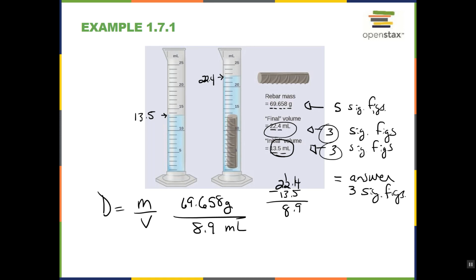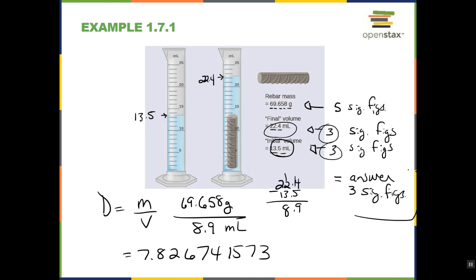And I think that should be right. 22.4. Yeah. Okay. So now let's go ahead and do our math. So I have 69.658 divided by 8.9. And my answer comes out to this really long number, right? It's going to come out to 7.826741573. That's what shows up on my calculator screen, right?